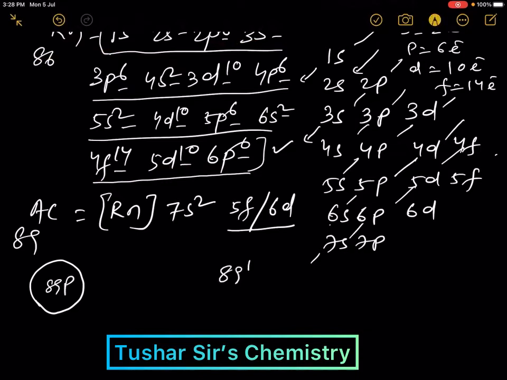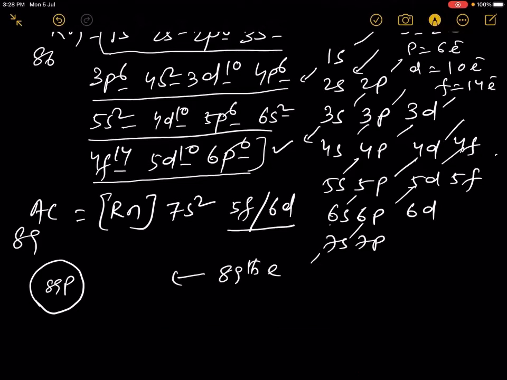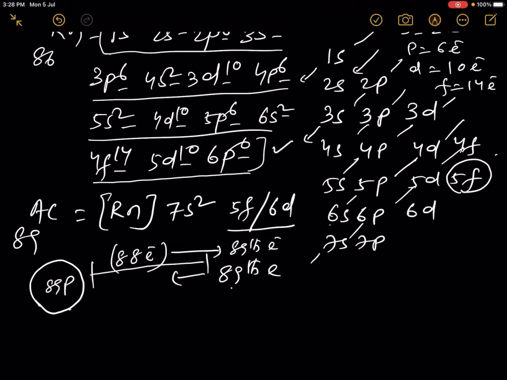So the 89th electron must enter in 5f, but there are altogether 88 electrons in between the 89th electron and nucleus. These electrons repel this 89th electron from entering 5f. So the 89th electron prefers to stay in 6d.